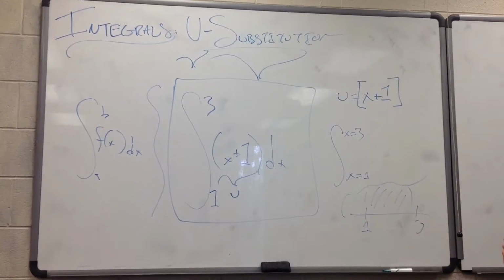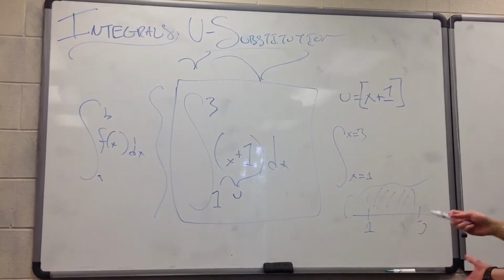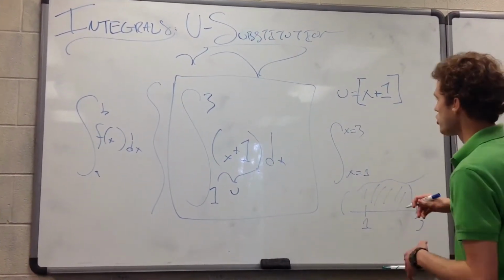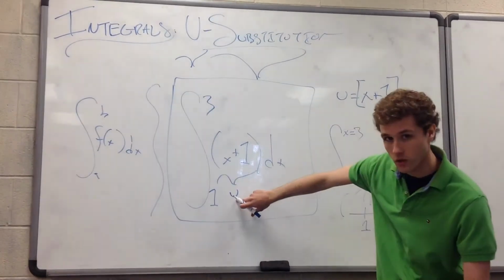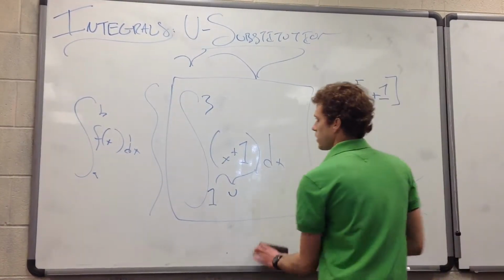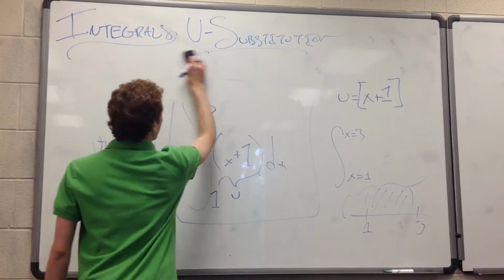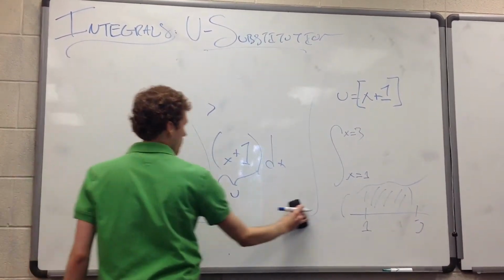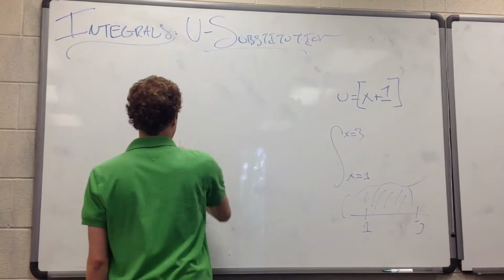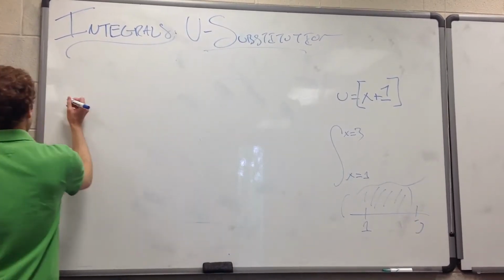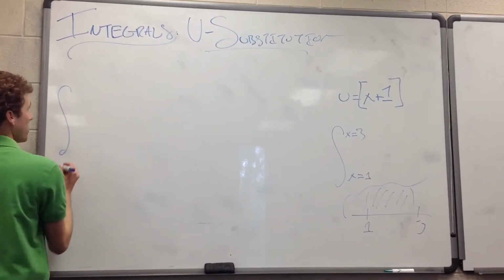Now this allows us to use u to make a function out of this. So we can say that u of x is equal to u, or x plus 1. So let's give ourselves a little bit more room here. We'll rewrite this. Here's our function.